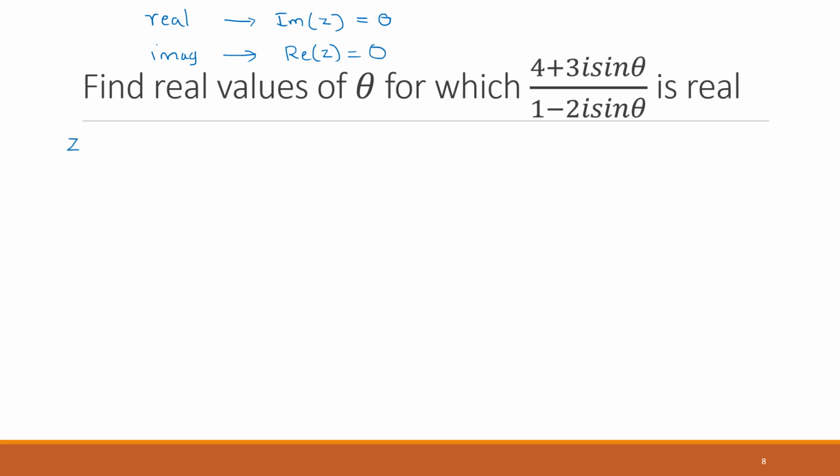Correct? So first I'll convert this number in a proper complex number form, है ना? How will I convert?